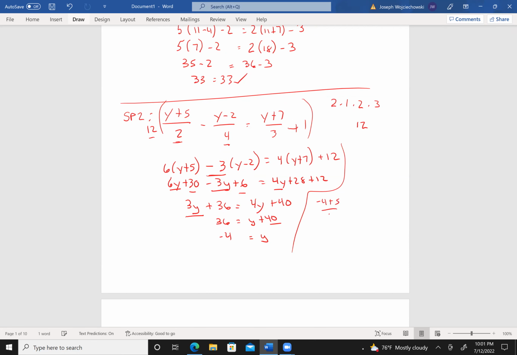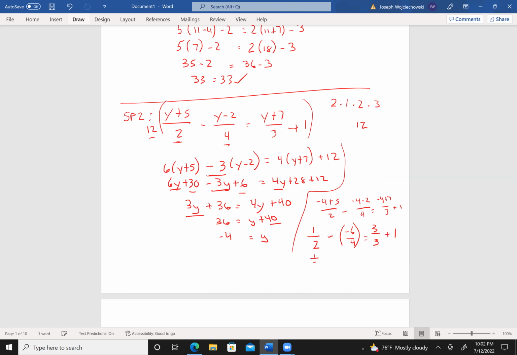-4 plus 5 over 2 minus -4 minus 2 over 4 equals -4 plus 7 over 3 plus 1. So -4 plus 5 is 1 over 2. I have minus -4 minus 2, so it's minus -6 over 4 equals -4 plus 7, which is 3 over 3, and then plus 1.